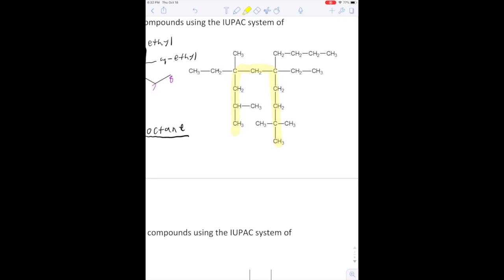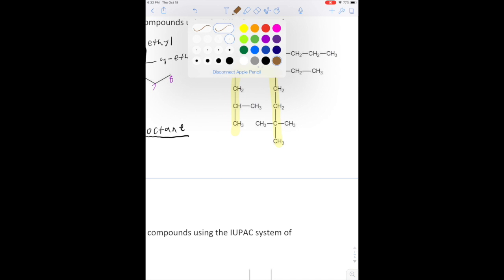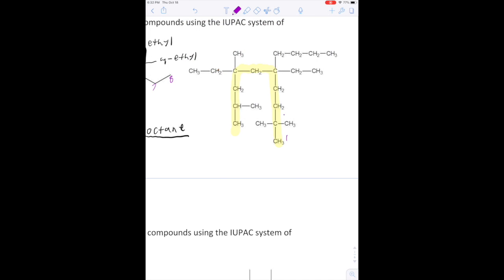Both of them branch off at 2. But notice right here, you're branching off here twice compared to here, where you're branching off only once.